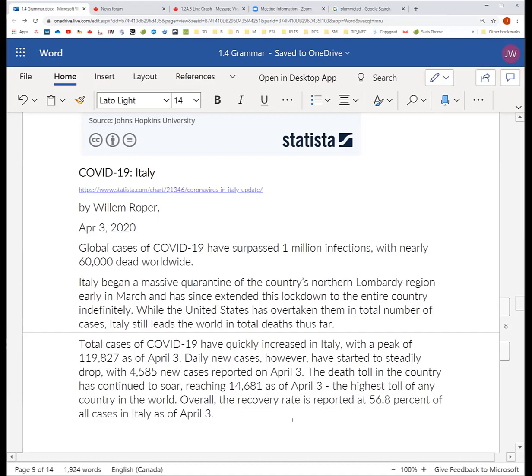Overall, the recovery rate is reported at 56.8% of all cases in Italy as of April 3rd.